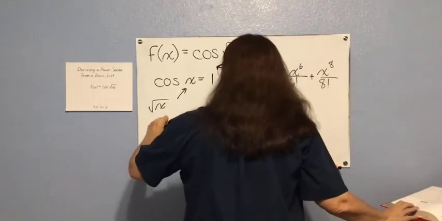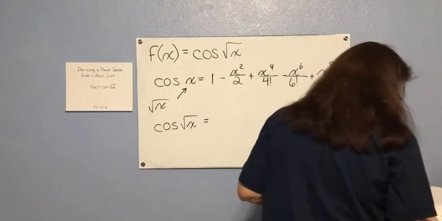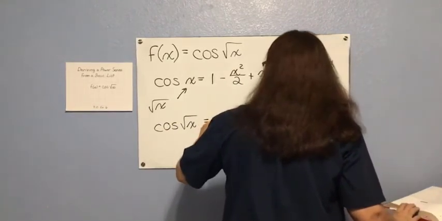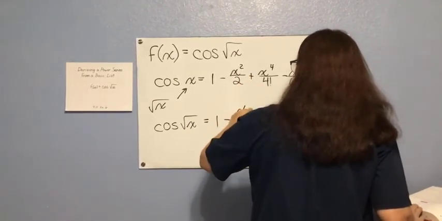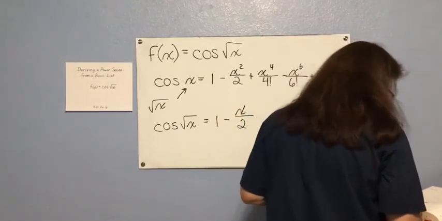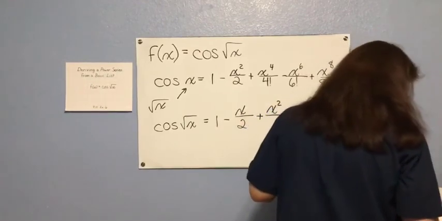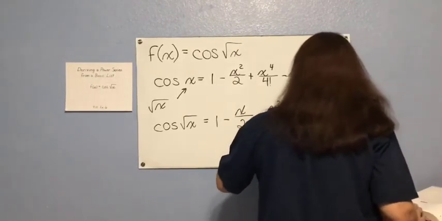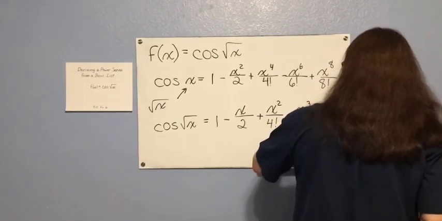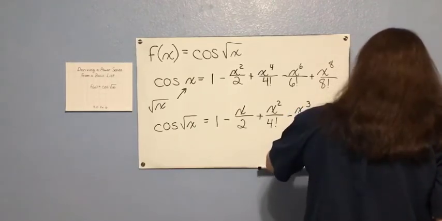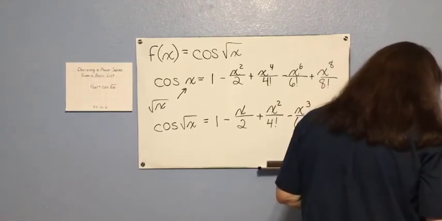So now we have cosine of the square root of x is equal to 1 minus square root of x squared is just going to give me x over 2 factorial, plus x squared over 4 factorial, minus x cubed over 6 factorial, plus x to the 4th over 8 factorial.